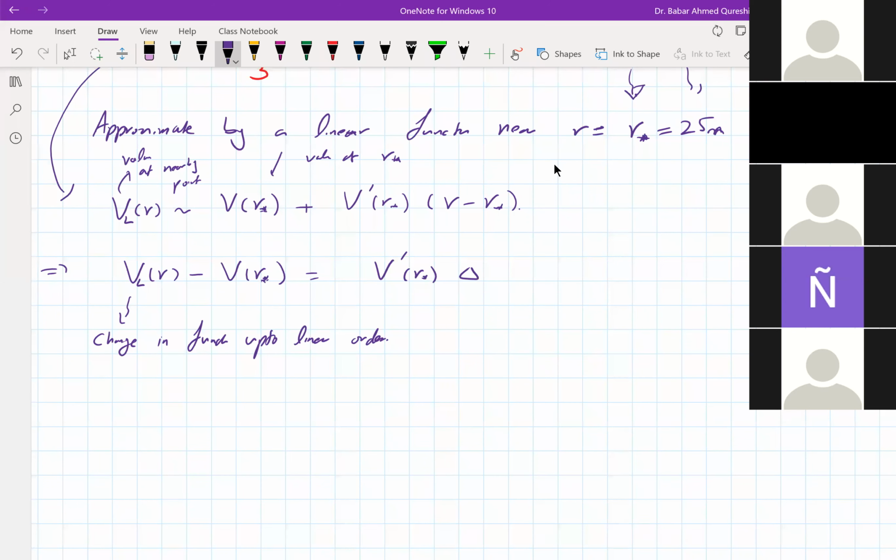And this is the change in the variable, because I moved a little bit from my special point R star to R. This linear change, I was writing as dV. To compute it, all you need to do is compute the derivative of the function at this special point times the change in the independent variable.